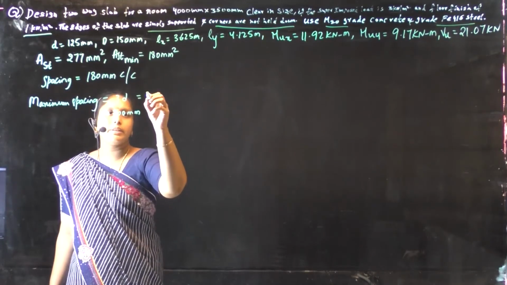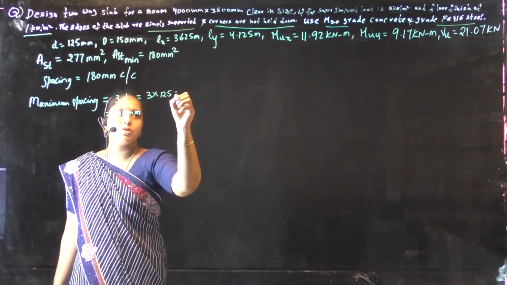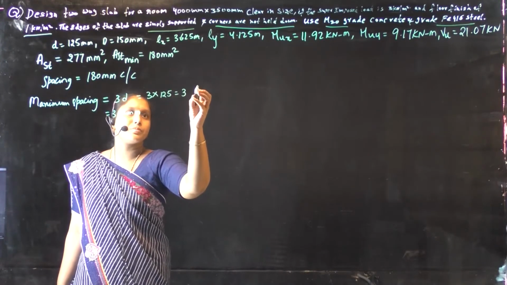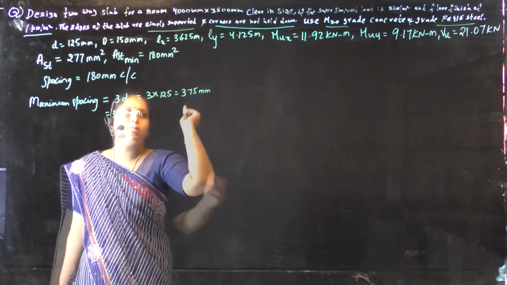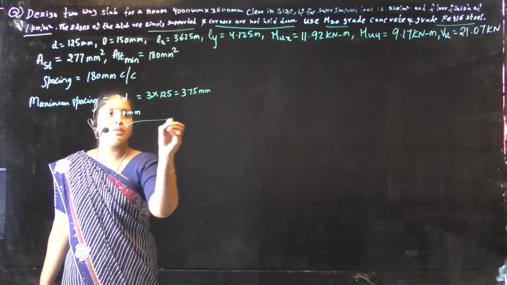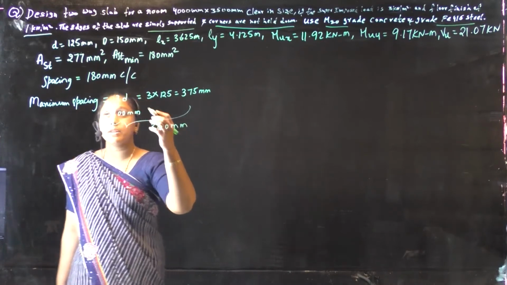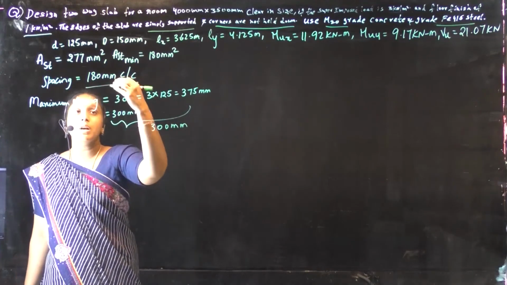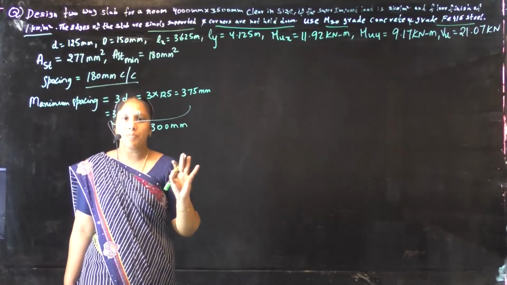First let us calculate 3D. 3 into D, where D is 125 mm, gives 375 mm, and the other one is 300 mm. Out of these two, 300 mm is the least. The spacing we are providing is 180 mm, which is less than 300 mm. Hence the check here is also satisfied.